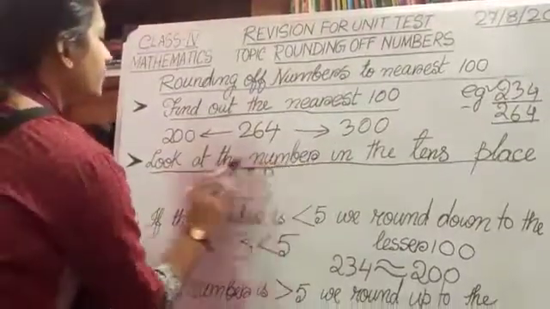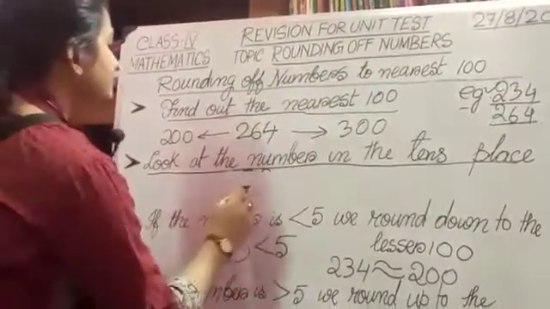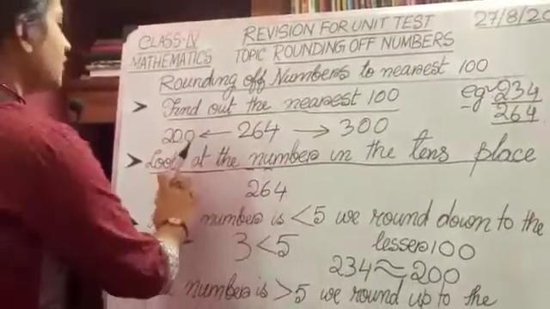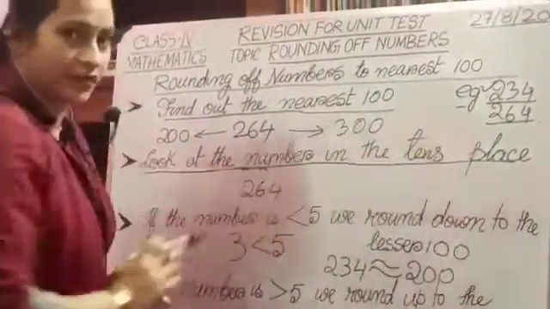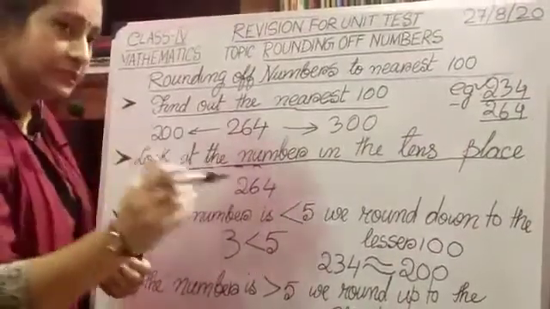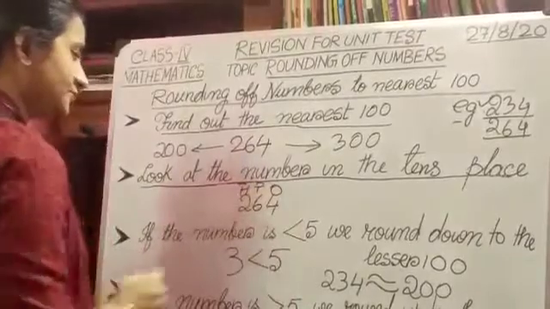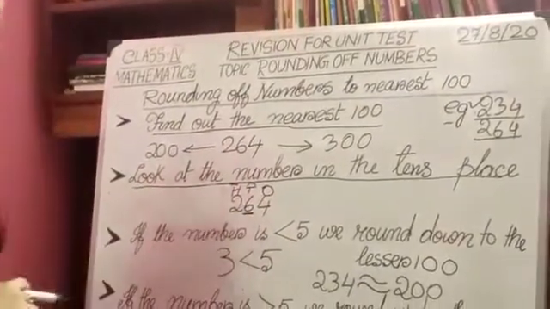Now, again, we have to place it under the place value chart. Look at the number in the tens place. So, we have to find out the number in the tens place, right? 100, tens and ones. This is the tens place, right?